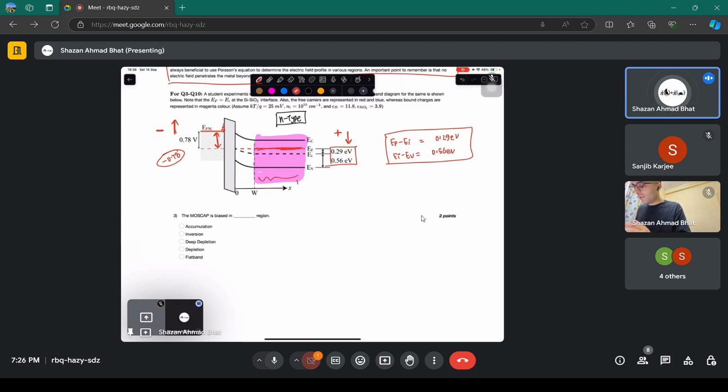This is the bulk region. This is the surface near the oxide. So the Fermi level here is closer to the conduction band, indicating this is an N-type. Point number one.